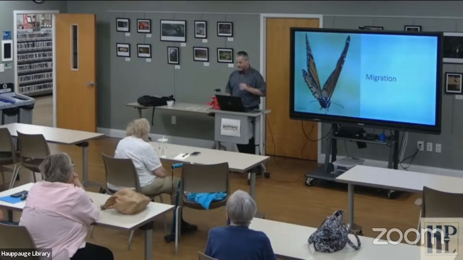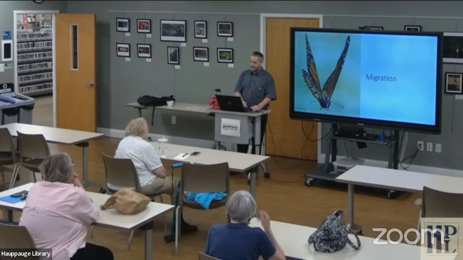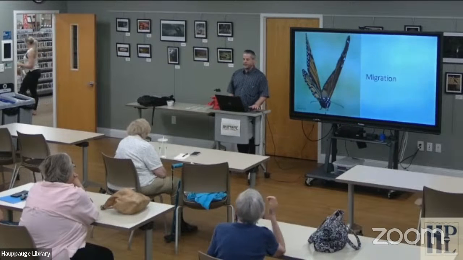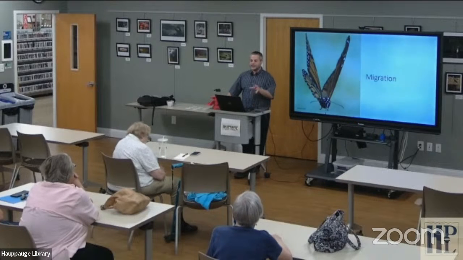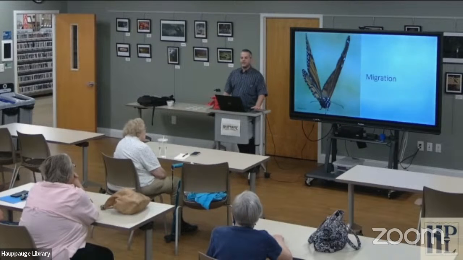So it's really not clear how they get where they're going. They might also migrate using physical features to orient themselves along the landscape, especially rivers and mountain ranges that go north-south. Other cues probably exist. Maybe the Earth's magnetic field, like birds use to migrate, but we don't really know.